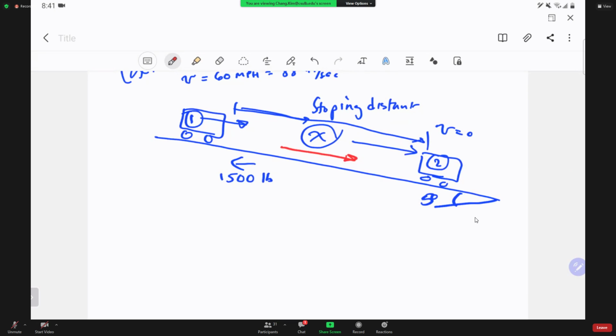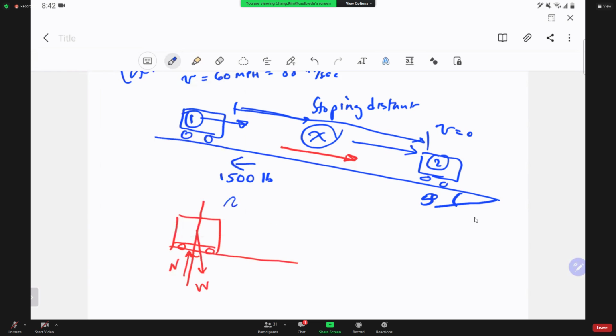Okay. Now let's go ahead and take a look at position 1. Position 1 has a weight acting down. So that's going to be 5, and there will be the normal force acting up there.